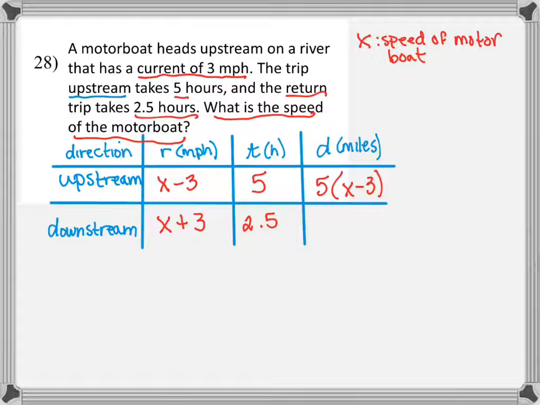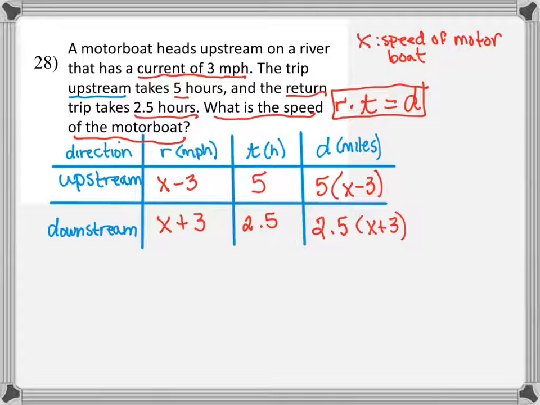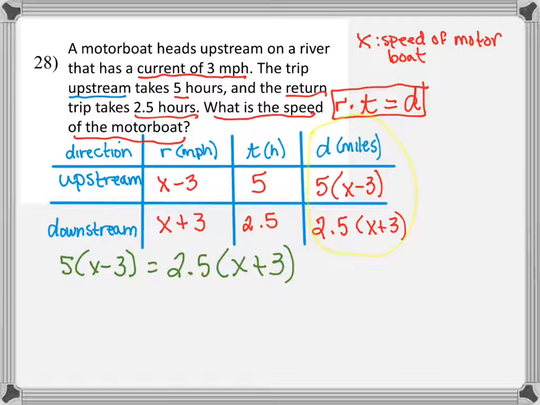So our distance for upstream is 5 times the quantity x minus 3. And our distance for downstream is 2.5 times the quantity x plus 3. Again, our distance is the same, so we can set the distances equal. 5 times the quantity x minus 3 equals 2.5 times the quantity x plus 3.